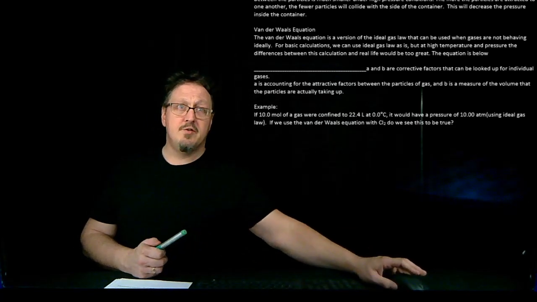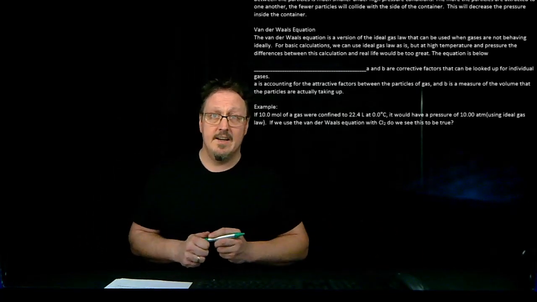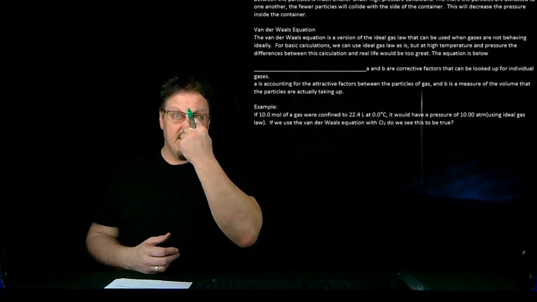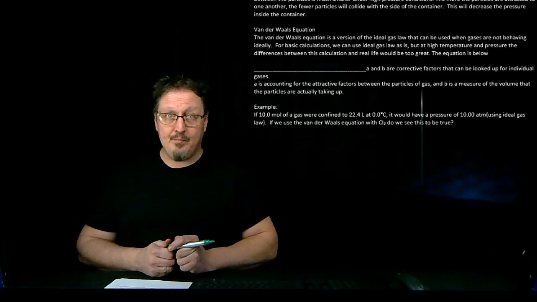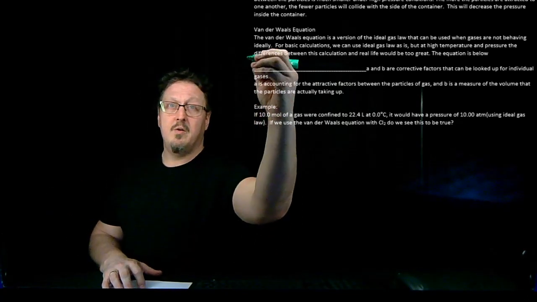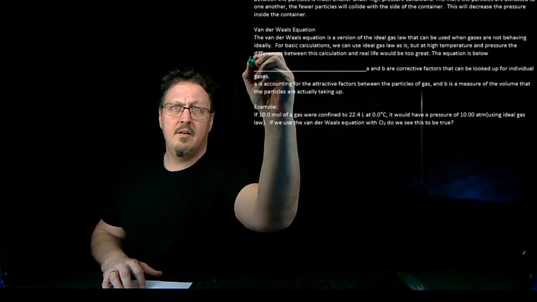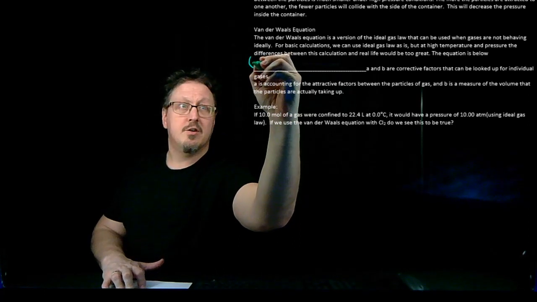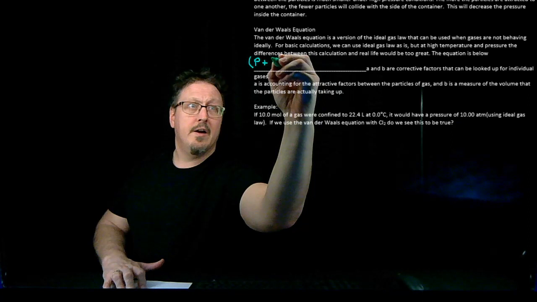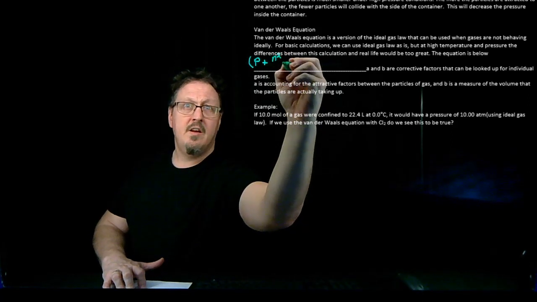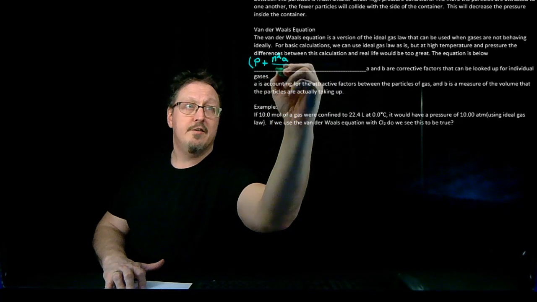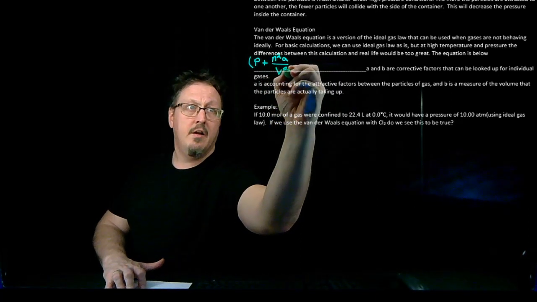So let me show you what the equation is, and we're going to do one example problem just to show you. This equation does get fairly complex pretty quickly, so we've got to be careful with that too. So here we go. This is the van der Waals equation. We have parentheses, pressure plus n squared, that's moles, times A, that is one of our corrective factors, divided by volume squared.